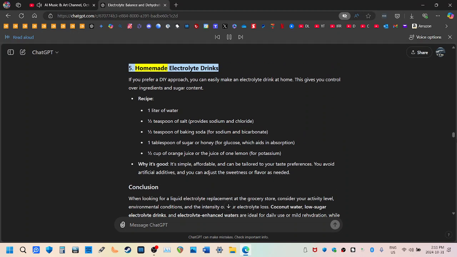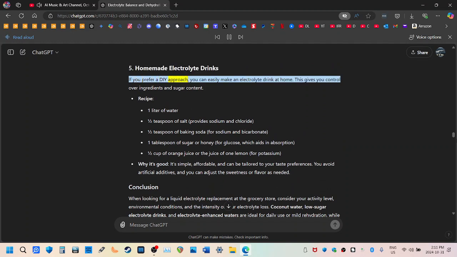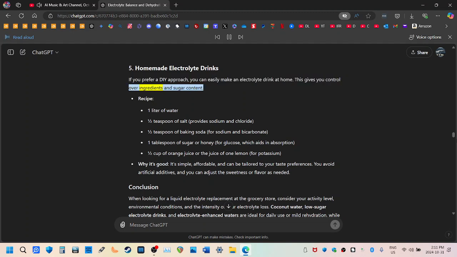5. Homemade electrolyte drinks. If you prefer a DIY approach, you can easily make an electrolyte drink at home. This gives you control over ingredients and sugar content.